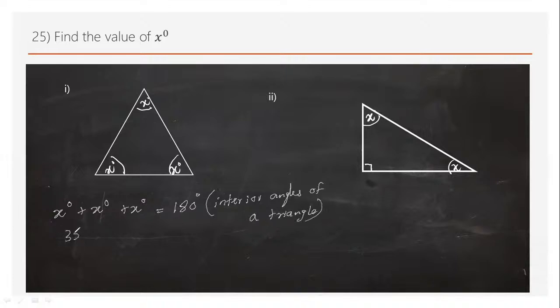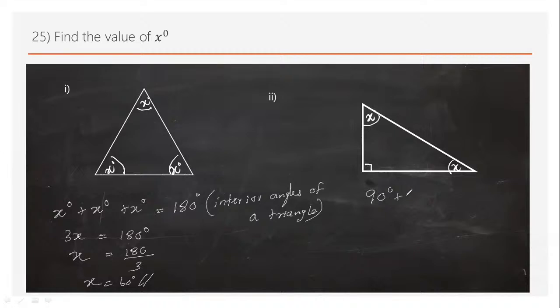Then 3x equals 180. x equals 180 divided by 3. x equals 60 degrees.